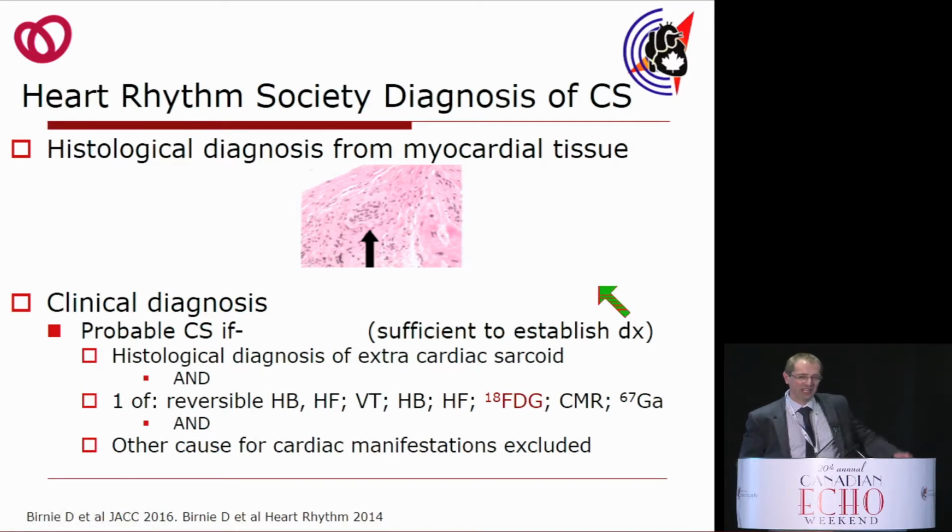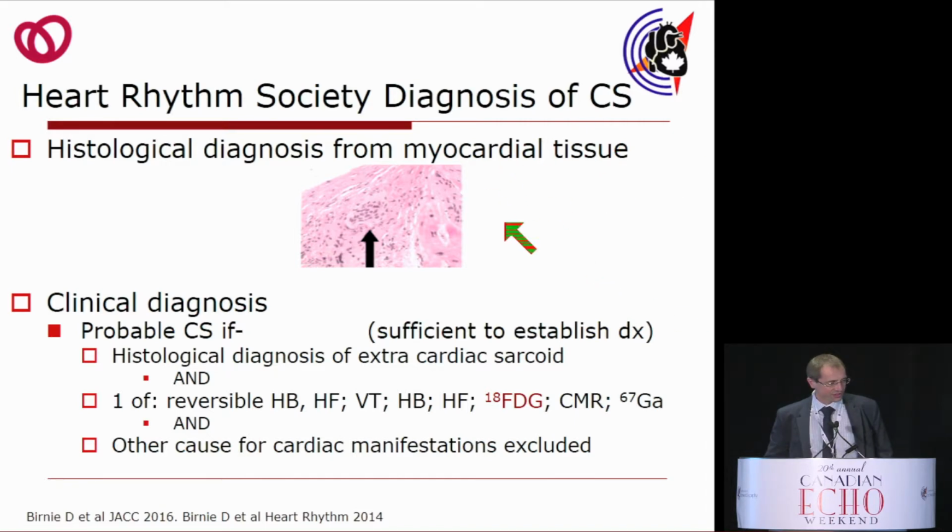Because it's such a challenging diagnosis to make, there are a lot of rules and regulations about doing it. Essentially, you do need a histological diagnosis. In terms of cardiac sarcoid, it can have a patchy distribution, so the yield of doing cardiac biopsies is not high. So often the second line in terms of clinical diagnosis is sought. We'll see if we can find a superficial lymph node that's been affected and aim to target that in terms of biopsy, looking for extra cardiac sarcoid.